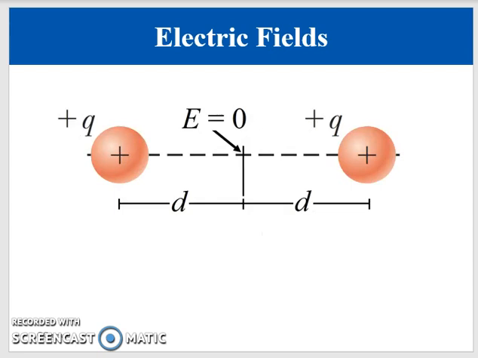So this can beg a question: what happens if I have two positive charges along a straight line? And it does turn out that there is a position where the electric field is zero, and it must be. And if you think about it, this has to hold. For example, suppose right halfway between those two charges, I put a small test charge, Q naught. Which way would it be attracted to? Well, the charge on the left would push it to the right, and the charge on the right would push it to the left.